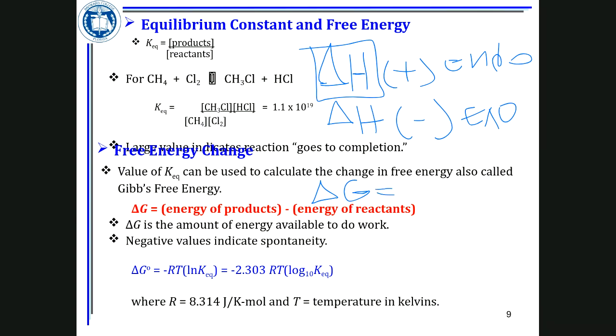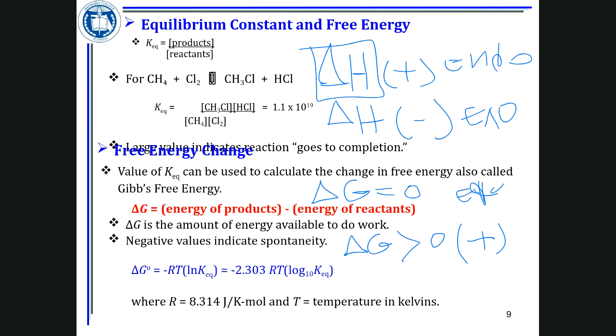If the value for delta G is 0, it means the reaction is at equilibrium. So you have an equilibrium where delta G equals 0. If the delta G value for a chemical reaction is greater than 0, so it's a positive value, this means that reaction is non-spontaneous.